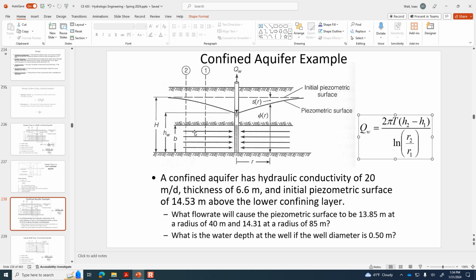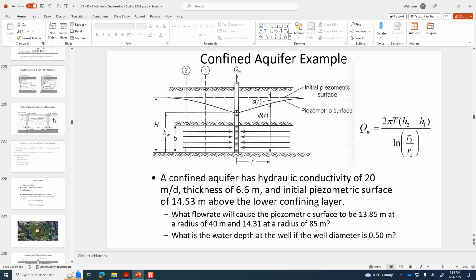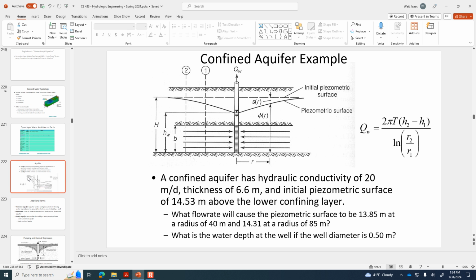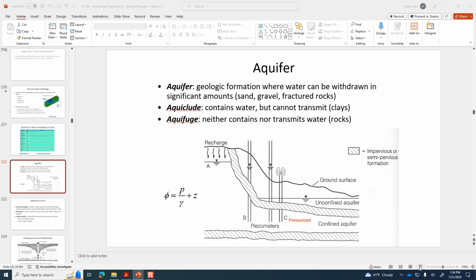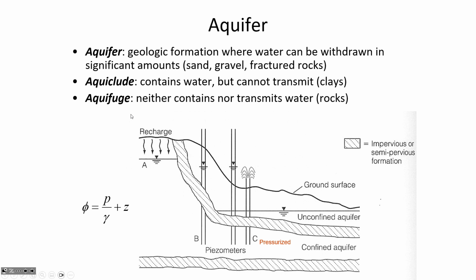Remember, what causes a confined aquifer to be pressurized? It's typically when we have some topography with a hillside that's getting recharged, and then a confining layer that starts off as vertically oriented and then becomes horizontally oriented. And so the perched recharge in one location causes pressurization in the confined layer.